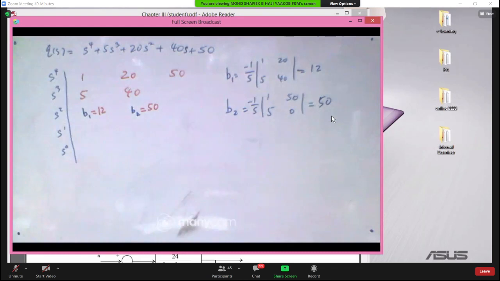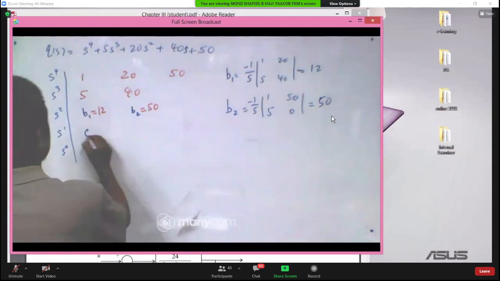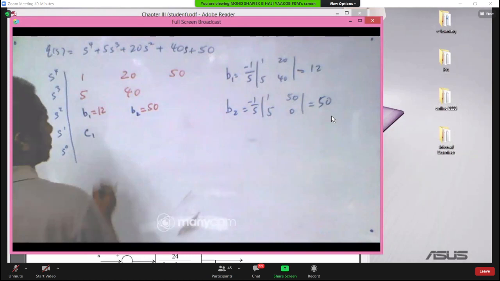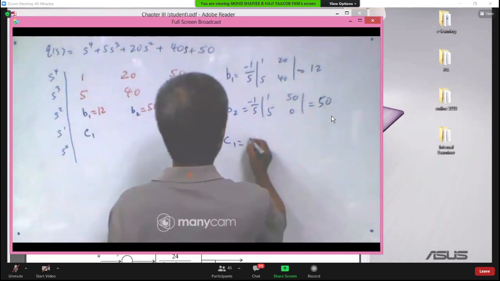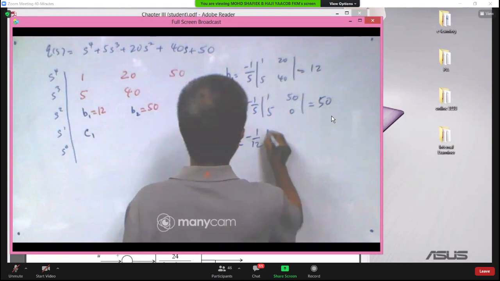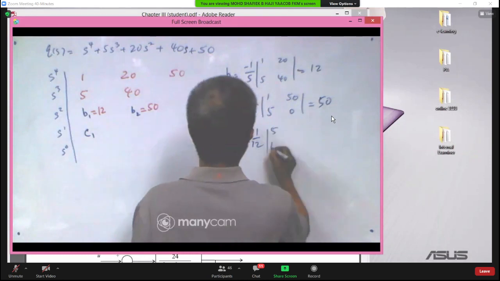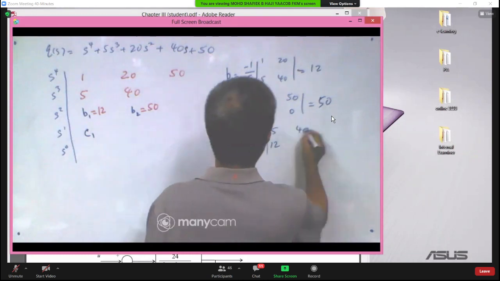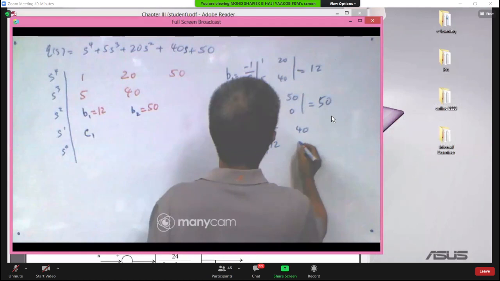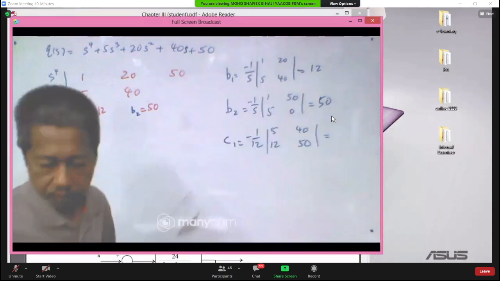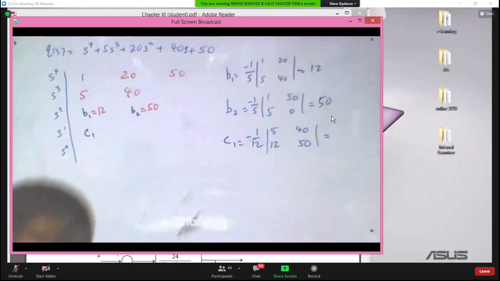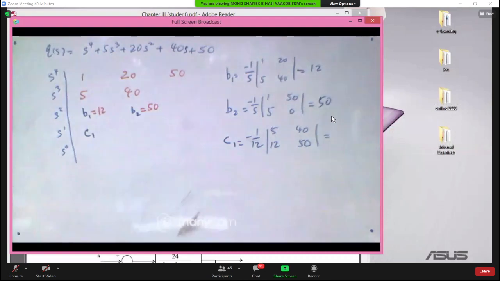You can now compute C1 and C2. C1 is negative 1 over 12 times the determinant, which gives 230 over 12.